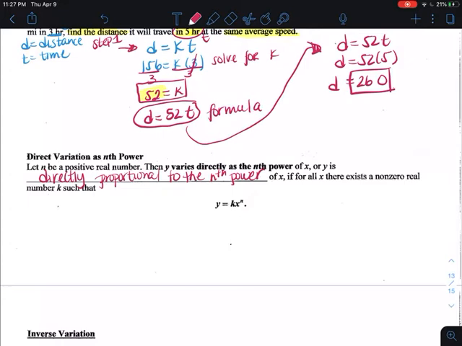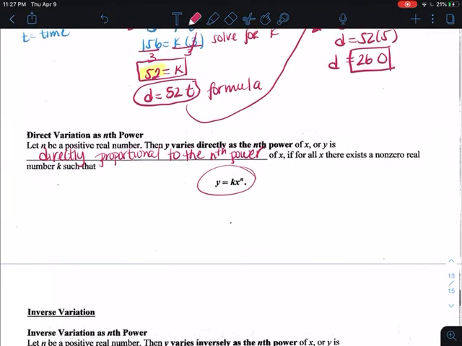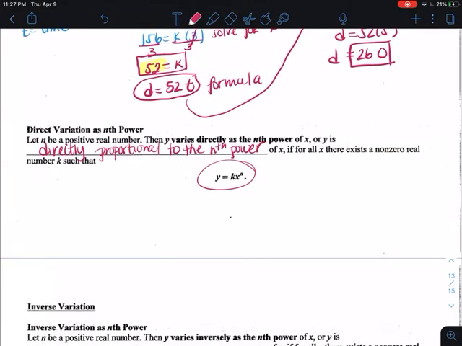And for all x, there's a non-zero real number k such that, so this is direct variation, y equals k. So notice how you have this k, and that x to the n goes right beside the k. All right, so we'll run into that when we get to some more problems.